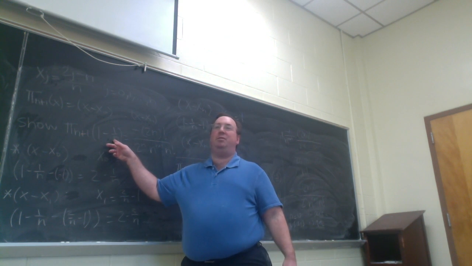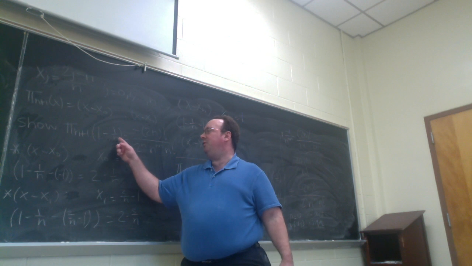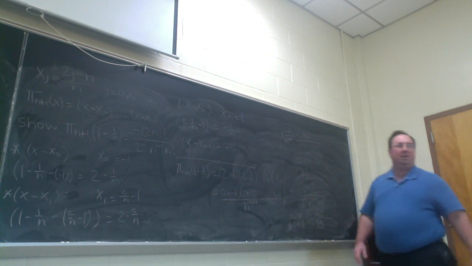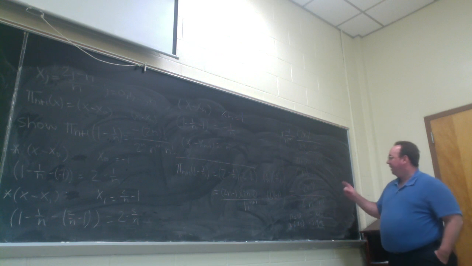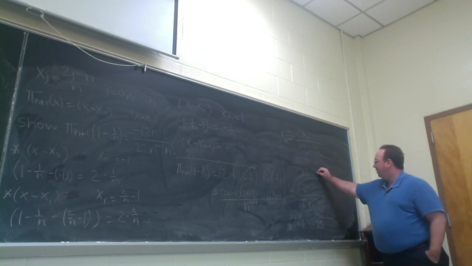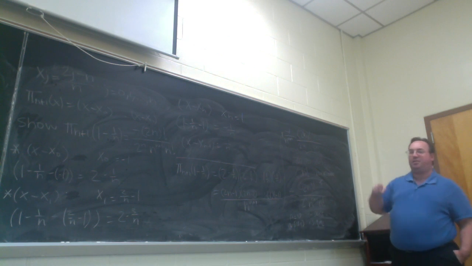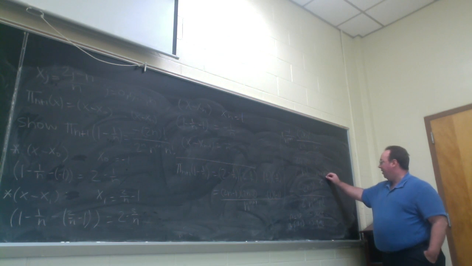And I imagine that if we were to do the opposite, instead of 1 minus 1 over n, like 1 plus 1 over n, it'd probably be symmetric. Just my hunch. So if we were to compare this to what happens in the Chebyshev case, the error of the product of these linear factors is bounded by just 1 over 2 to the n.